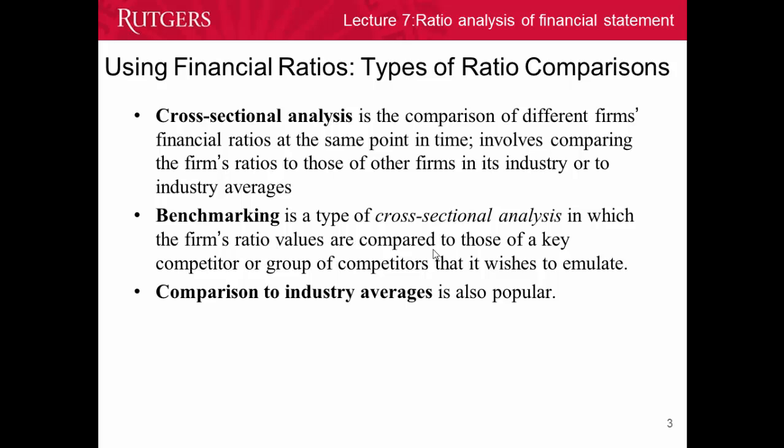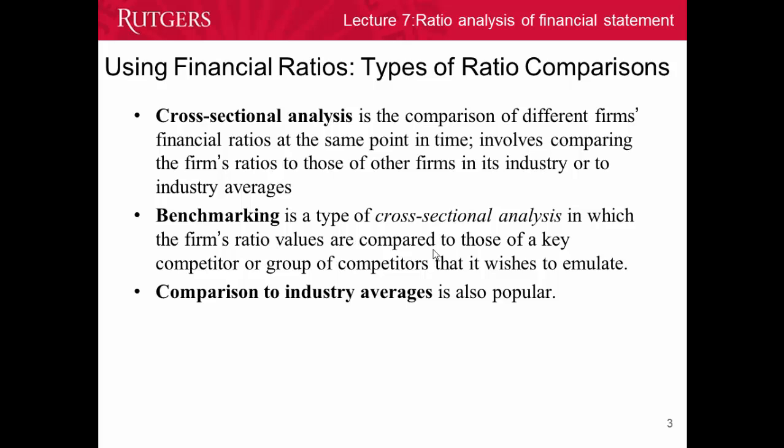The first type, called benchmarking, is the most commonly used cross-sectional comparison method. Benchmarking is to compare the firm's financial ratios with those of a key competitor or group of competitors that it wishes to emulate.